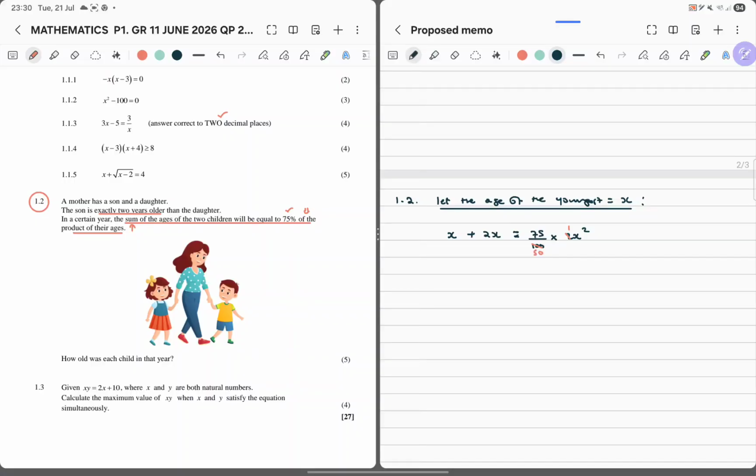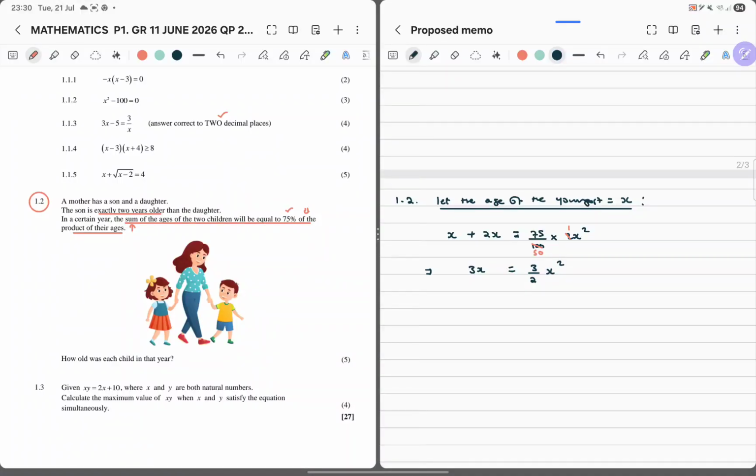So 15 over 10 is 3 over 2. Okay, cool. So this implies that we've got 3x is equal to, this 75 is going to be basically 3 over 2. Of course, you can use the calculator, x squared.